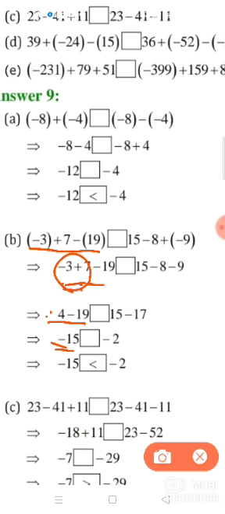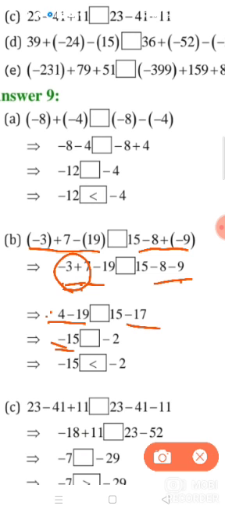Now we are going to solve the RHS of this one. 15 minus 8 plus bracket negative 9 bracket close. So 15 minus 8 plus minus minus. Minus minus becomes a plus, so 8 plus 9 becomes 17, and we put the minus sign here because comparing 8 and 9, the 9 has a minus sign.